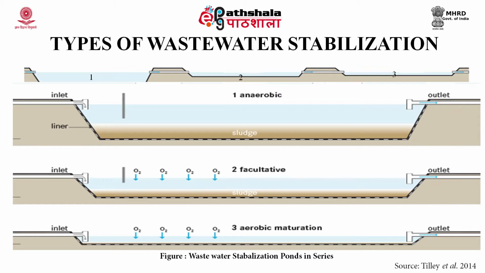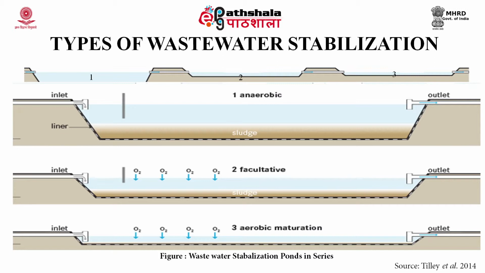For the most effective treatment, these waste stabilization ponds should be linked in a series of three, with effluent being transferred from the anaerobic pond to the facultative pond and finally to the aerobic pond. As you can see in the diagram, the anaerobic pond acts as the primary treatment stage and reduces the organic load.